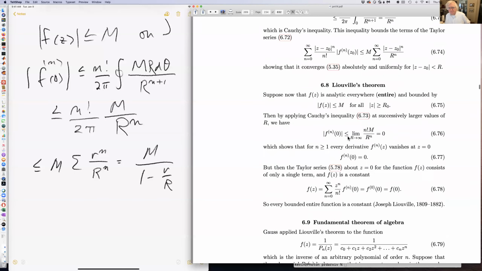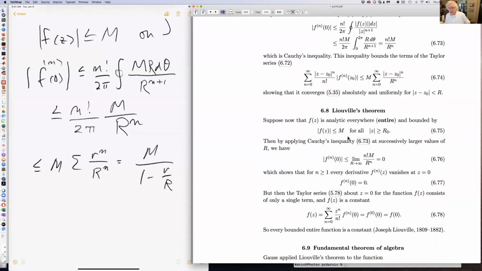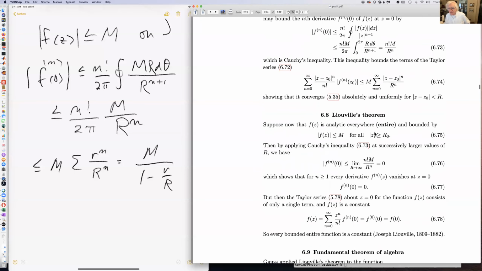bounded by m. And then we can apply this inequality, and on the right-hand side we see that this is less than or equal to n factorial m over r to the n for all r greater than R0.